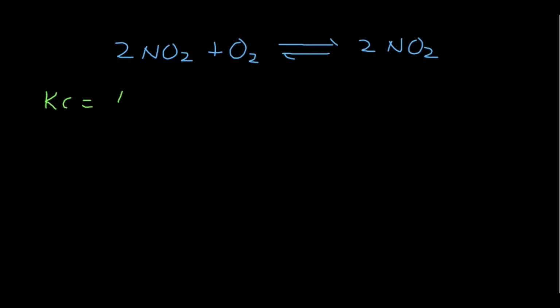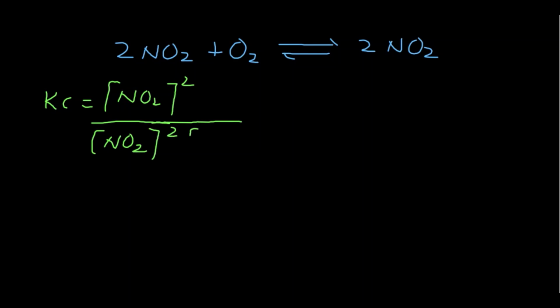Kc is equal to nitrogen peroxide raised to the power 2, right students, over nitrogen oxide raised to the power 2 into oxygen, right students? So this is the value of Kc.